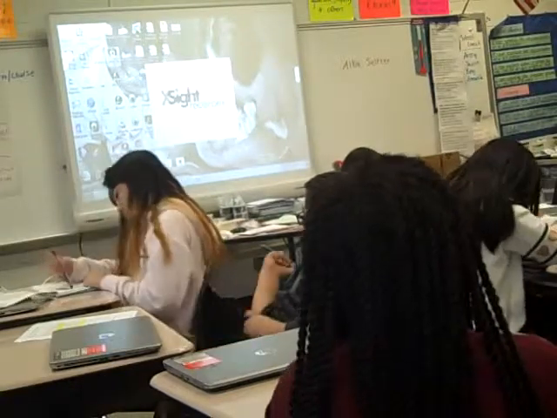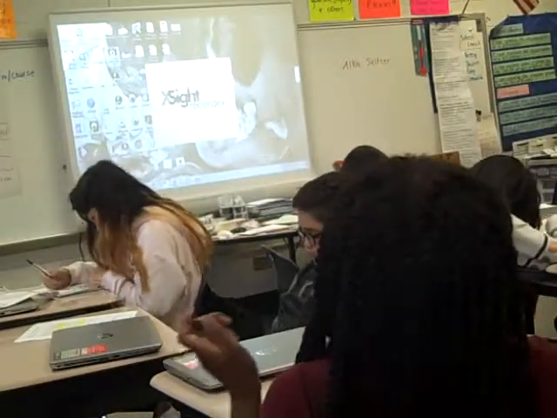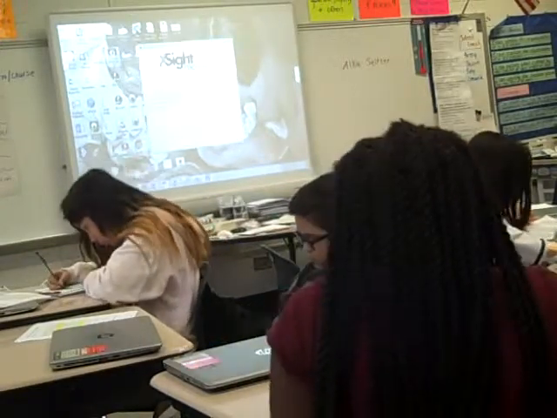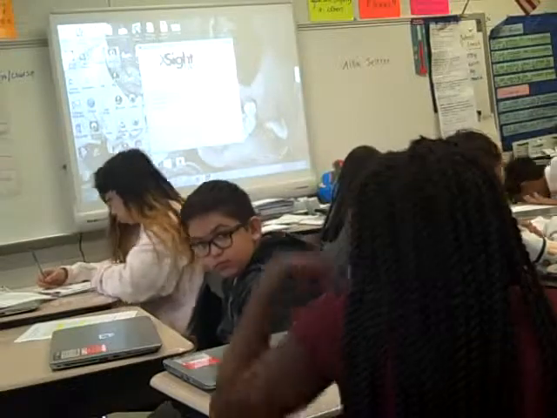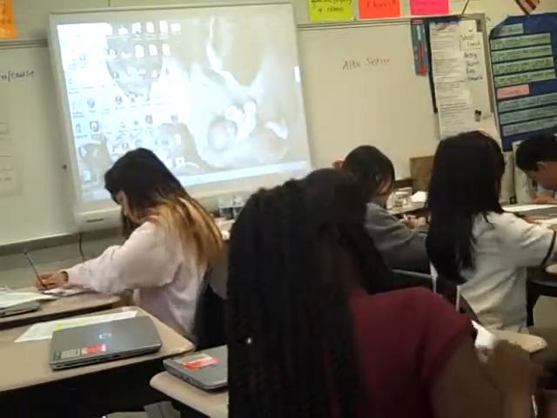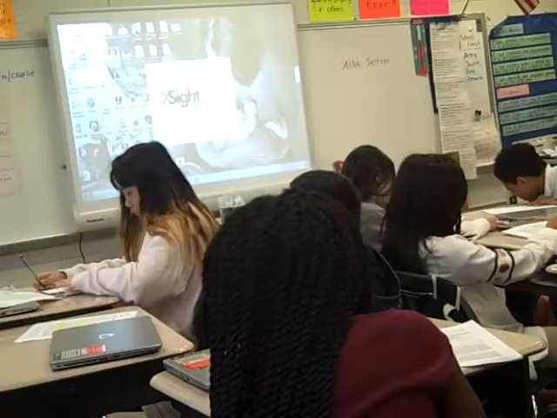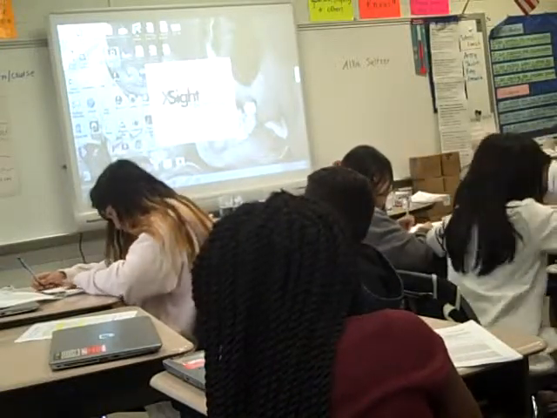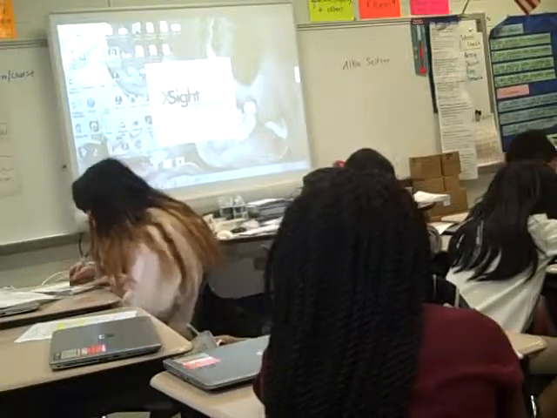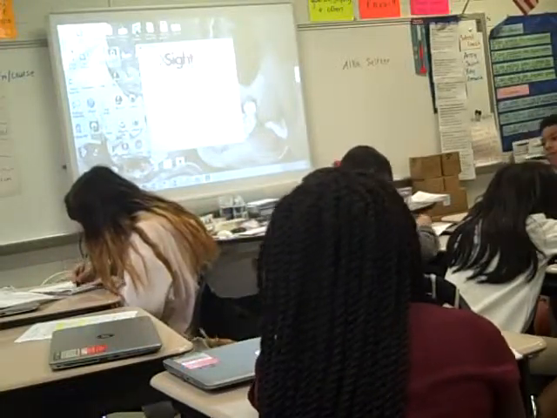So instead of going line by line in the text, let's first choose something that really stands out. Let's use our text features, like anything that's italicized or bold.